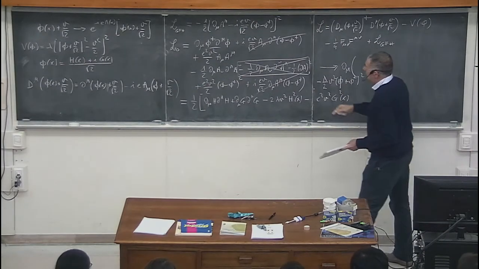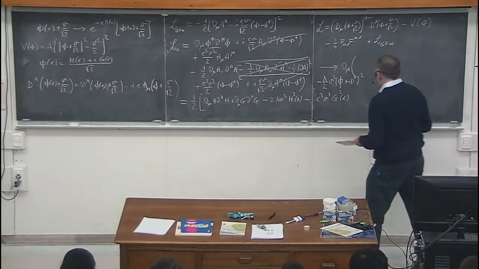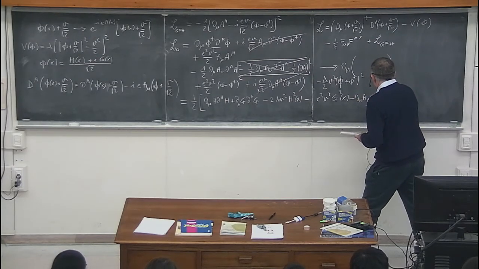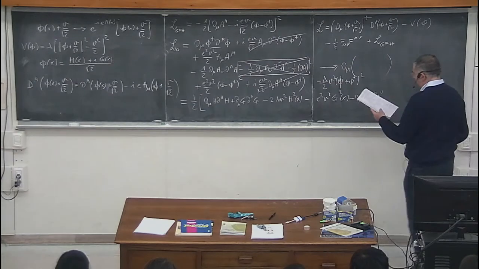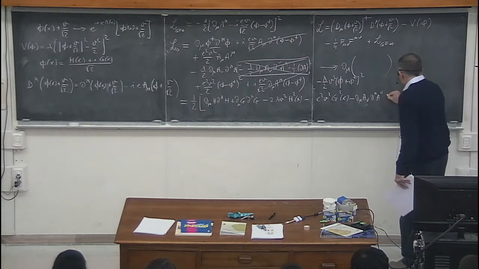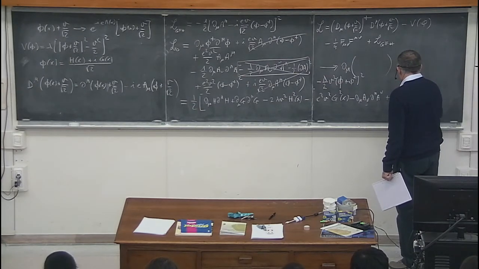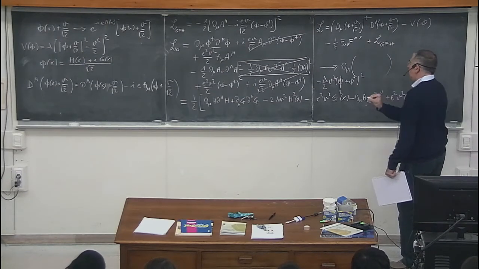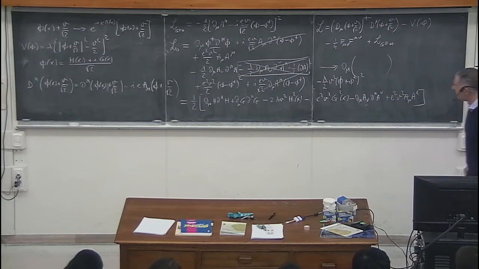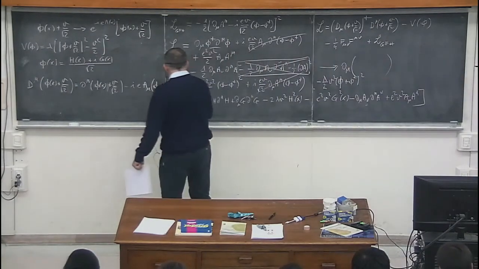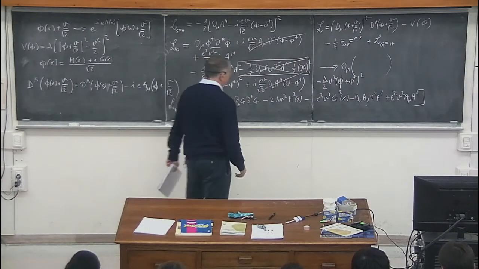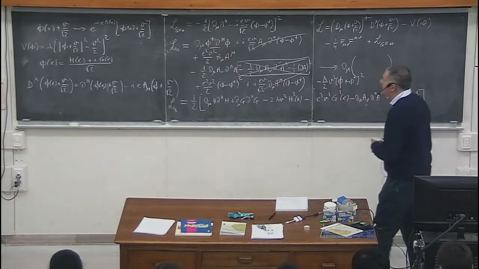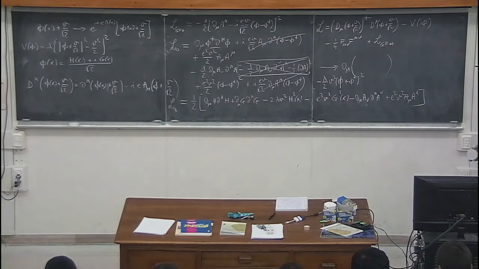Then I have the derivative term for the vector field, d mu a nu, plus e square v square a mu. This is L0. I did nothing. I just defined the gauge transformation in a different way.